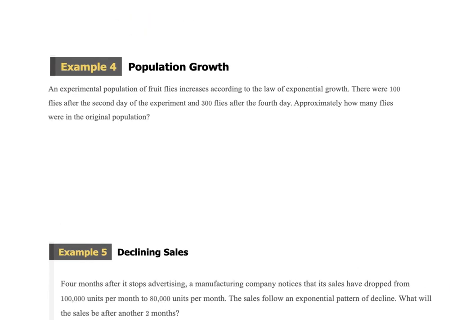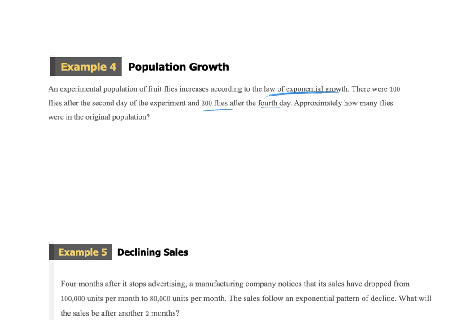Population growth, example 4. An experimental population of fruit flies increases according to the law of exponential growth. There were 100 flies after the second day of the experiment and 300 after the fourth day. Approximately how many flies were in the original population?